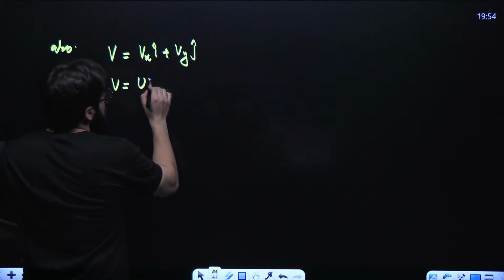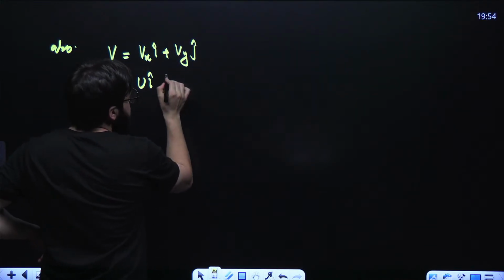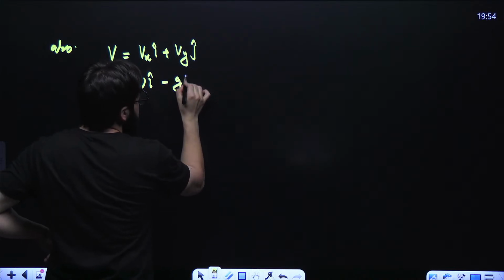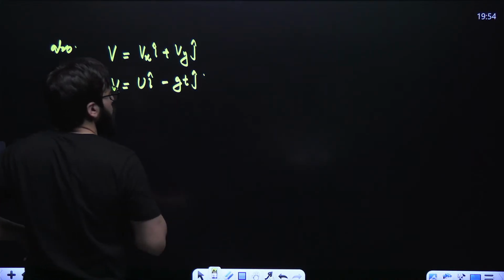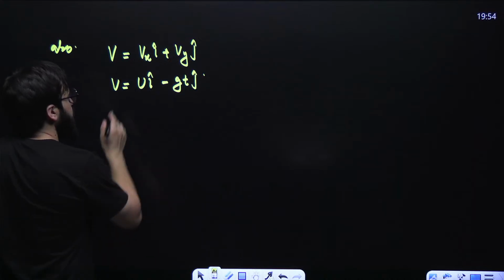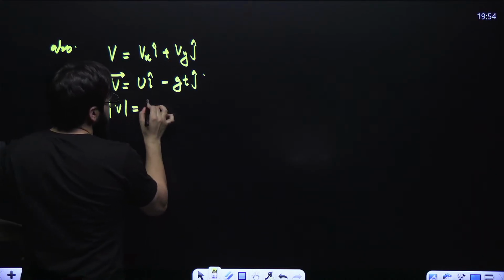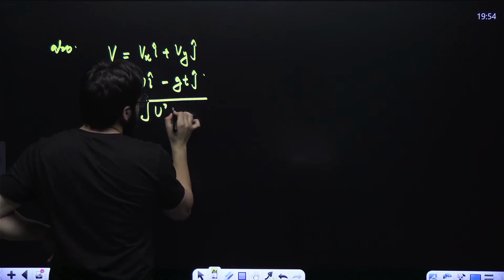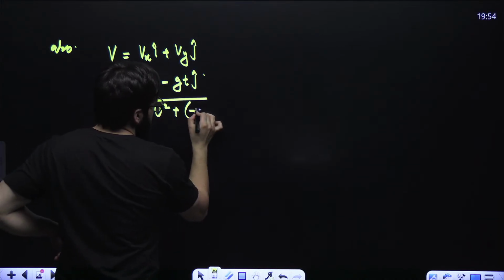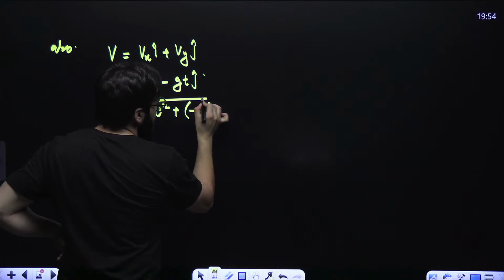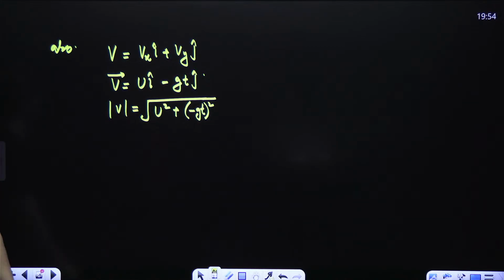So this is u i cap, and vy is minus gt into j cap. You can write it like this. And you can find the magnitude of this velocity also, that is under root of u square plus minus gt whole square. This is the velocity in this particular case.